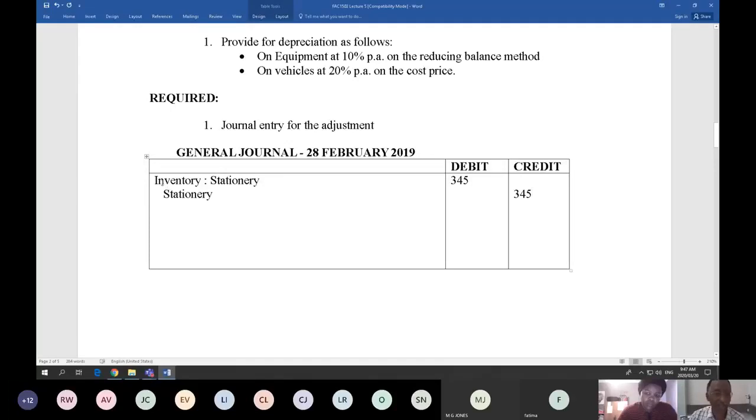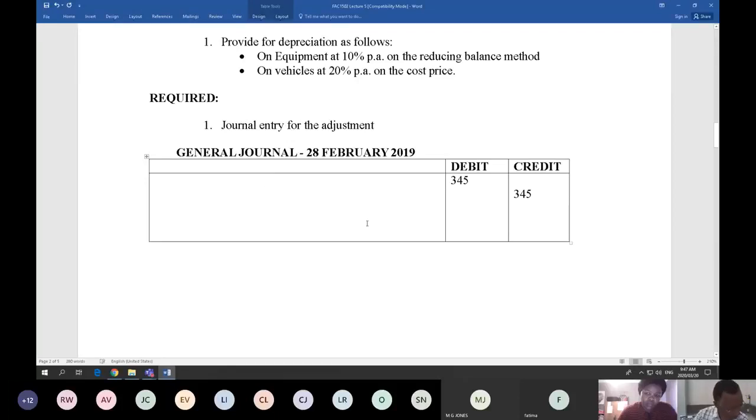Right. The second adjustment, guys, is dealing with the insurance amount. We discussed earlier that 200 Rand of that insurance has been paid for the month of March 2012. We classified that as prepaid expenses. Prepaid expenses is an asset.